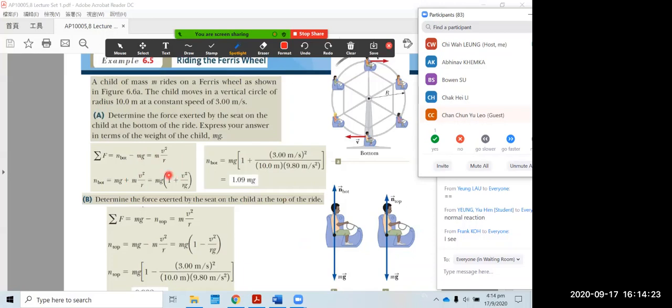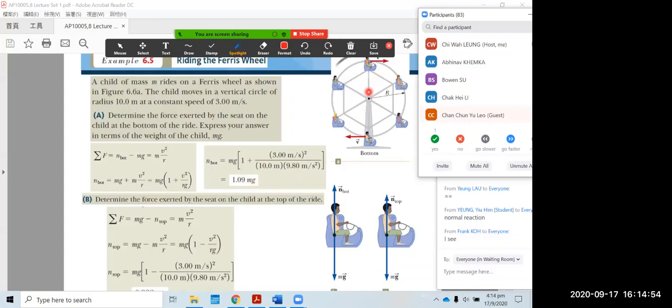So after some calculations, you will see that at the bottom of the ride, the boy will feel a little bit heavier, because we sense our weight according to the normal force acting on us. So at the bottom of the ride, the normal force acting on the boy would be slightly larger than 1 mg.